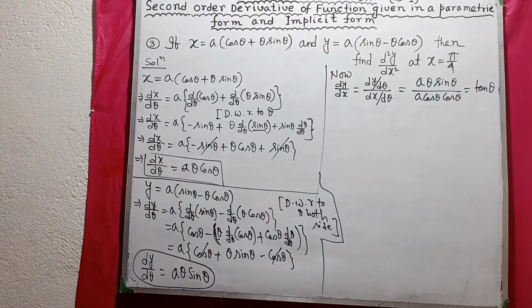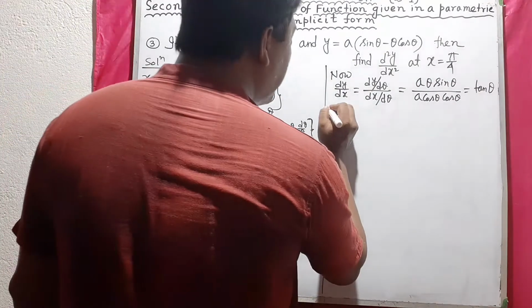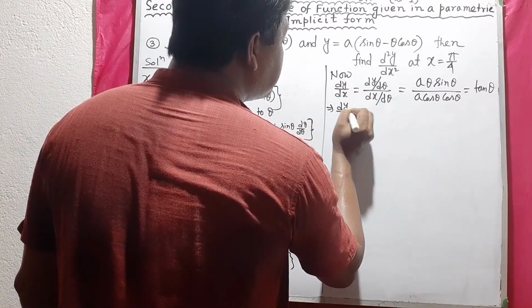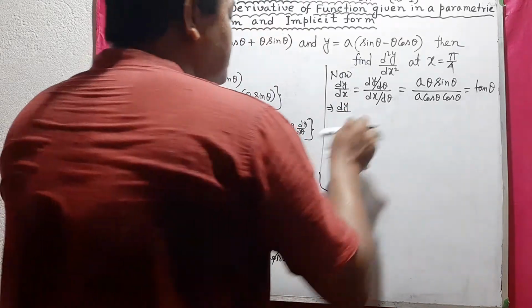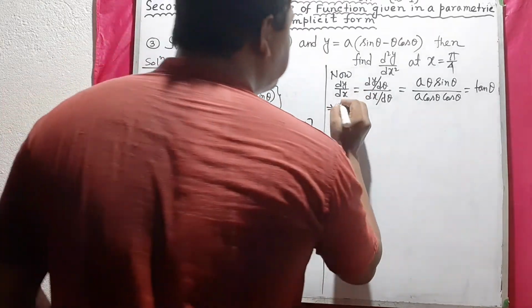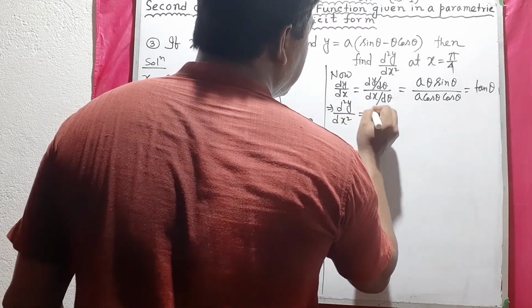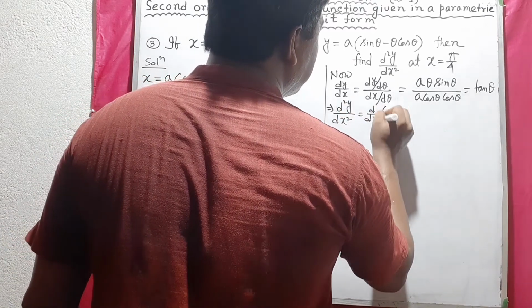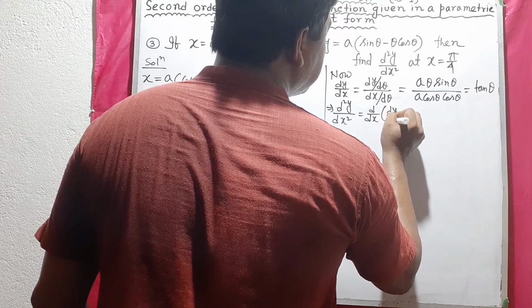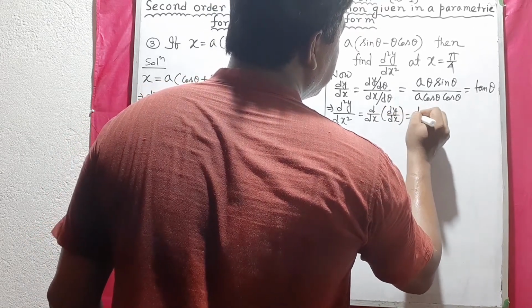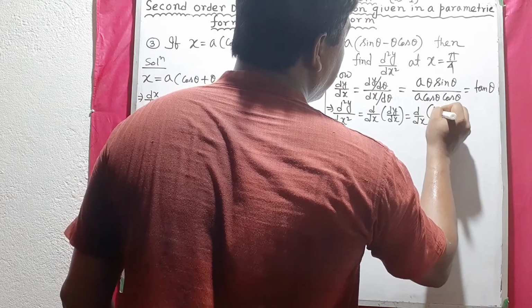So that is the only function of theta. So now d2y/dx2: again differentiate with respect to x. So d2y/dx2 equals d/dx of dy/dx, so d/dx of tan theta.